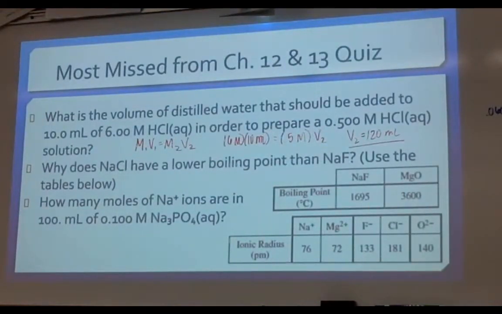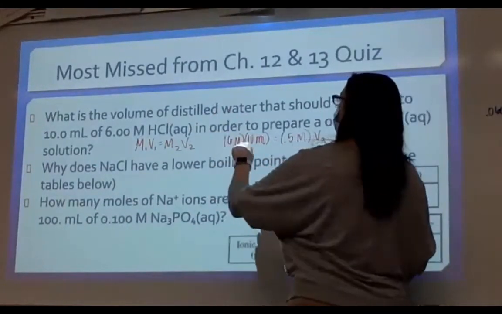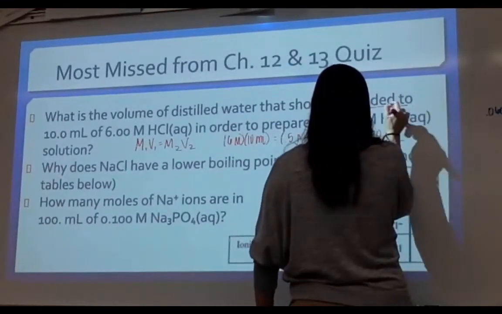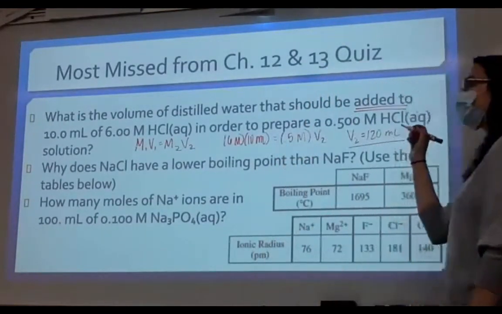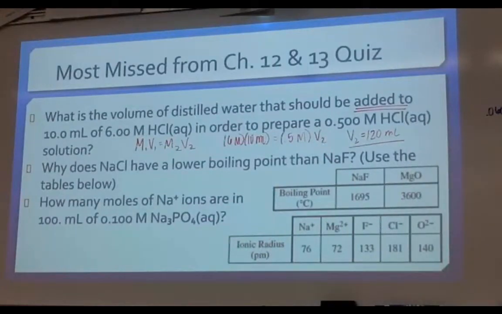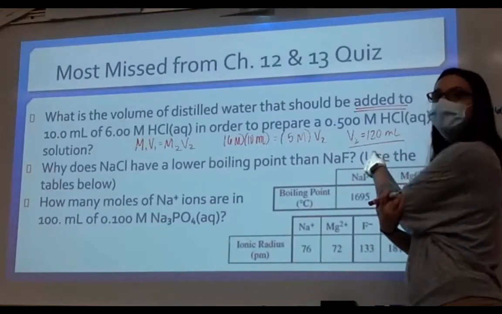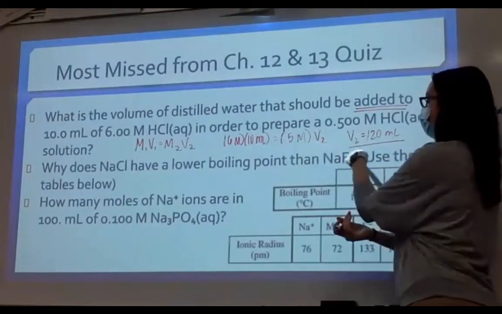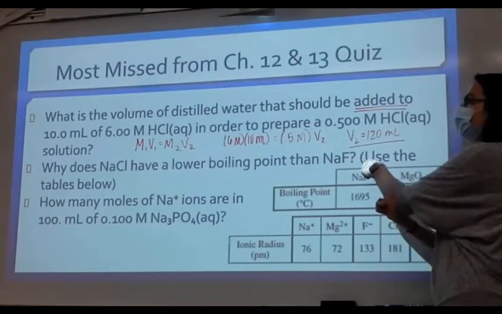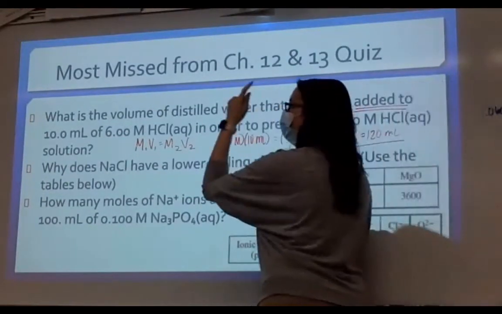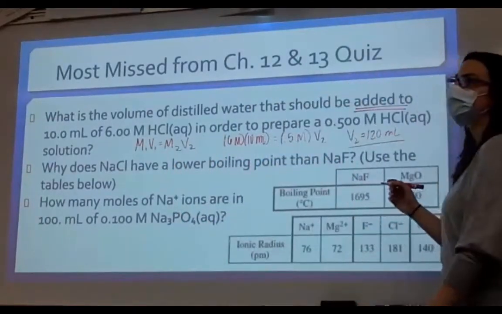Once you realize why, you're going to be like, oh my gosh. What is the volume of distilled water that should be added to 10 milliliters? So the final volume is 120 milliliters. That's the final volume of solution that we need. But the question says, what volume of distilled water should be added to 10 milliliters?